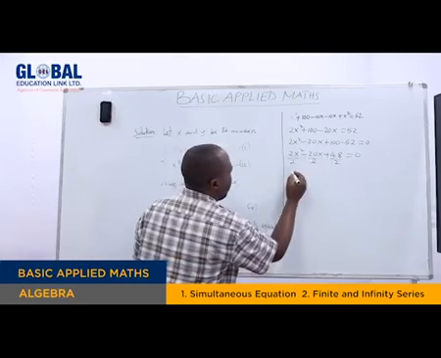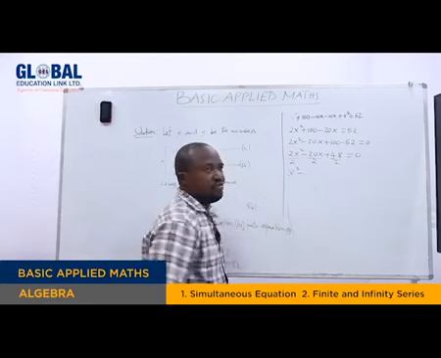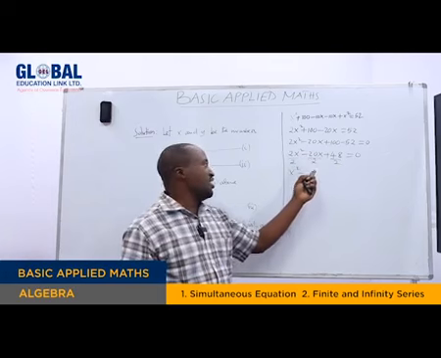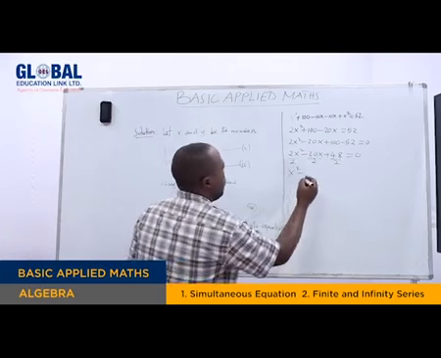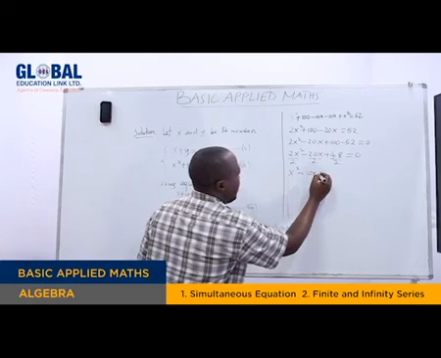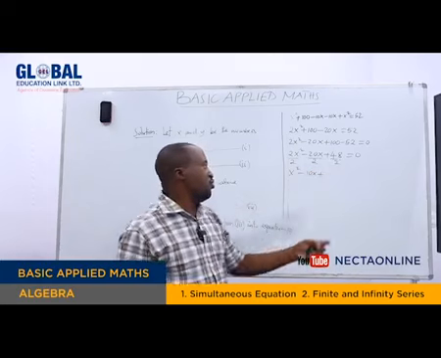So we are going to have x squared minus, here we have negative 20x divided by 2, which is going to be negative 10x. Again, plus, here we have 48 divided by 2.